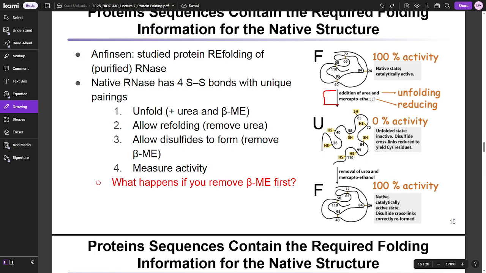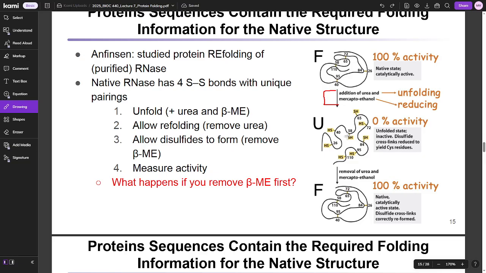But yeah, basically, if you remove the urea first, like you have this structure where all the disulfide bonds are gone and those secondary interactions have been removed, the protein is able to refold, and then if you remove the beta mercaptoethanol, those disulfide bonds will reform where they were initially because the protein has been given the opportunity to refold into the position it's supposed to.